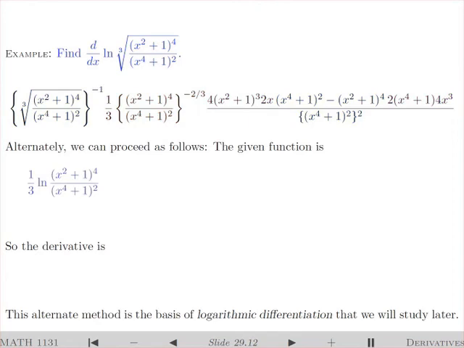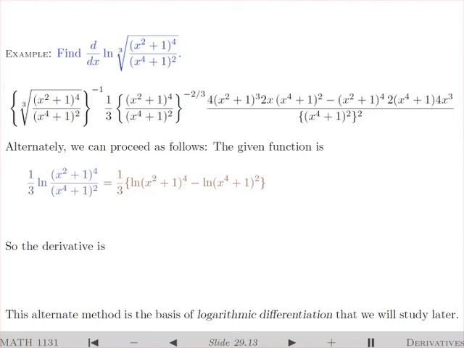So that's the same as 1/3 ln of the quantity inside the cube root. Inside the cube root I have a fraction, so I can split it up. Ln of a fraction is ln of the numerator minus ln of the denominator. Of course I have the 1/3 out front, which needs to be distributed over the 2.